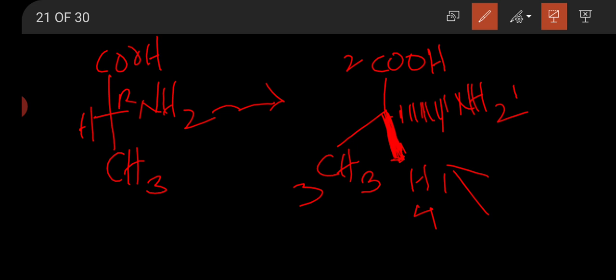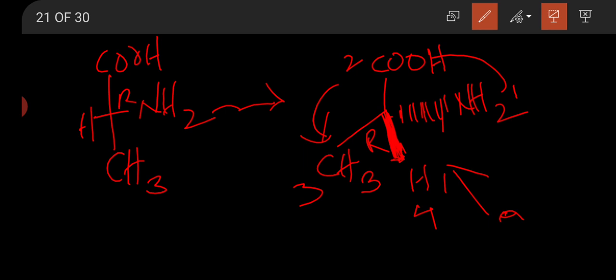Seeing from this direction, 1, 2, 3 is anti-clockwise, and the fourth priority group is above the plane, therefore it is R configuration.